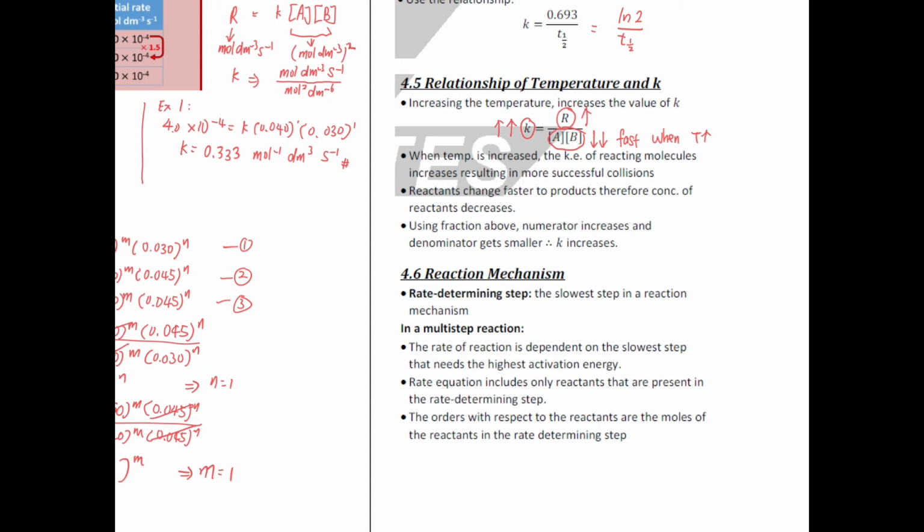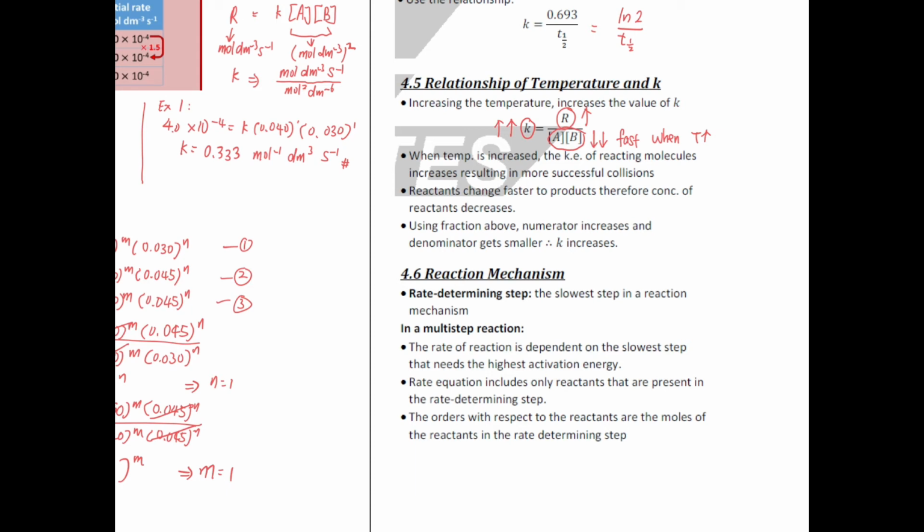We use the reaction mechanism to determine the order. We can't use the overall chemical equation. Cannot. The overall chemical equation is the one on the first page just now, the XY. So we can't use the overall chemical equation to determine the order, but we can use the mechanism to find the order.